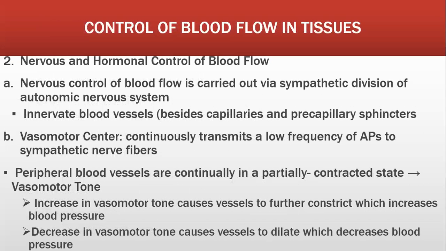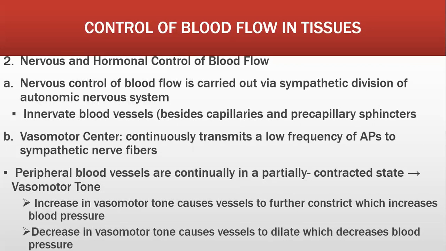So, nervous and hormonal control of the blood flow. The nervous control of blood flow is carried out by the sympathetic division of the autonomic nervous system. So it innervates the blood vessels. And we also have the vasomotor center that continuously transmits a low frequency of impulses to sympathetic nerve fibers.